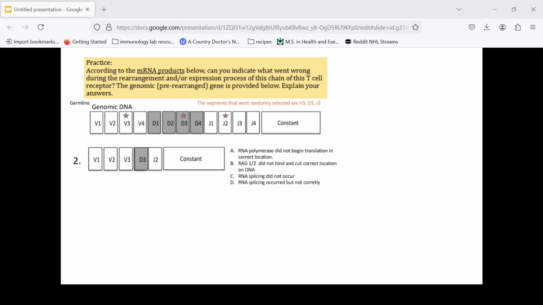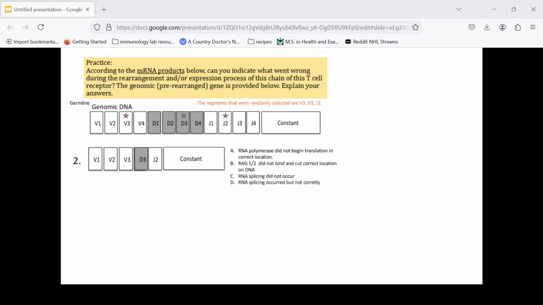So step 1, which is just basic transcription, we still have our extra J's in between our wanted J and our constant region. Then we do splicing, and when we do splicing, we can get rid of the middle J's.